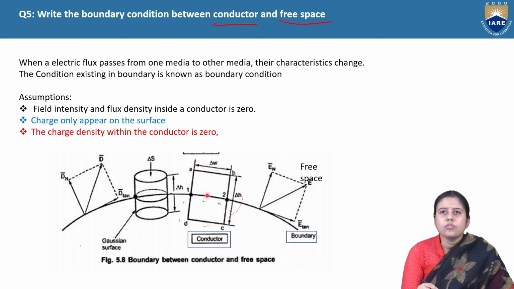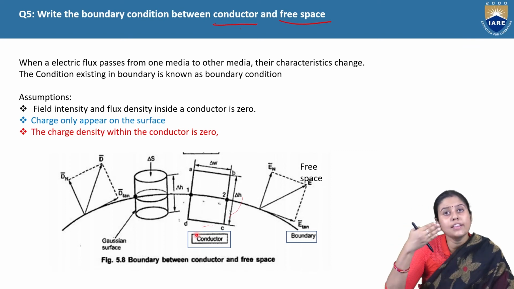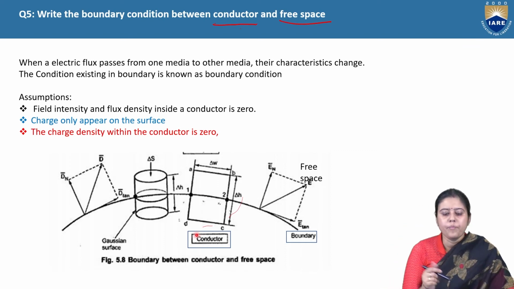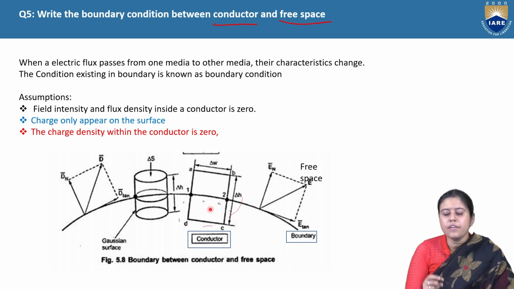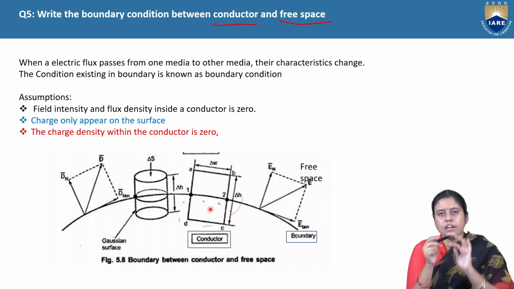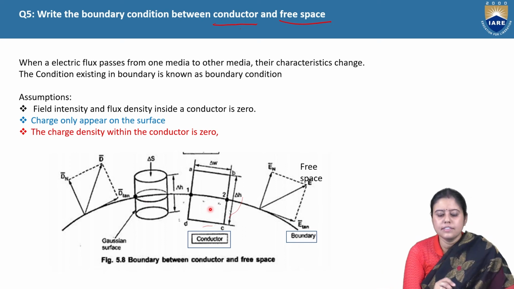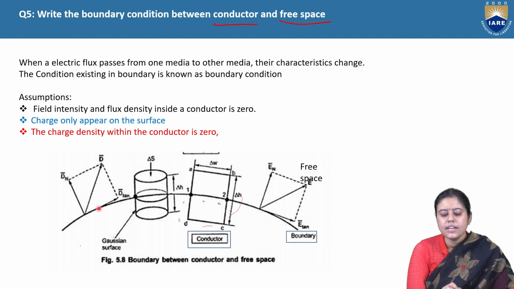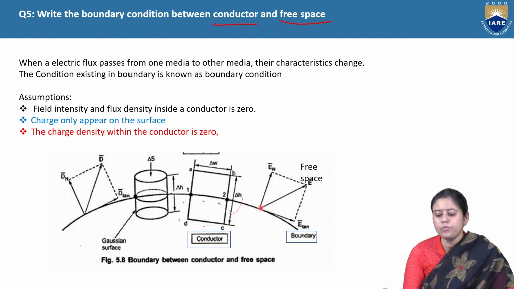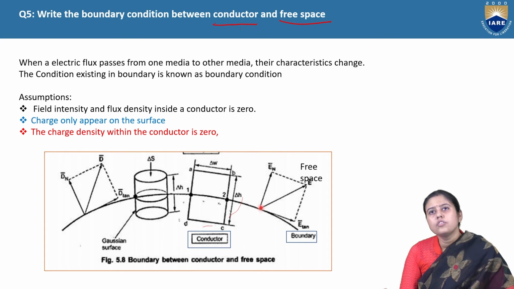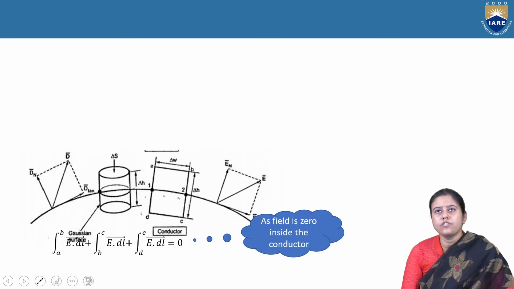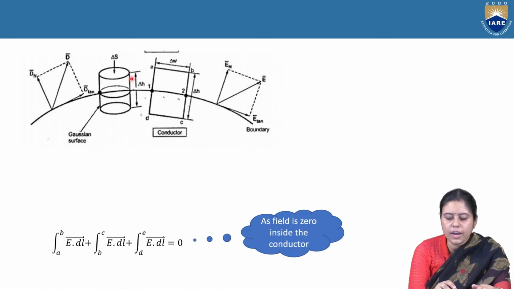The upper portion of the rectangle is in the free space and the bottom portion is within the conductor. This is the surface of the conductor, nothing but the boundary. This we have already discussed.